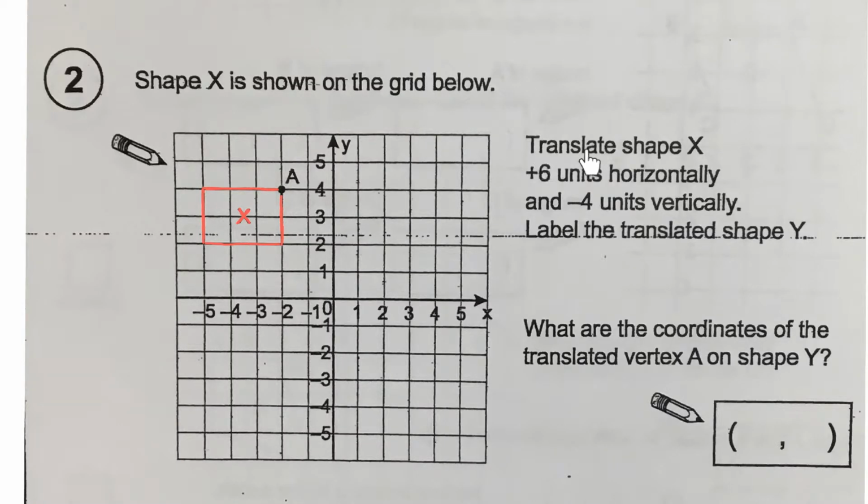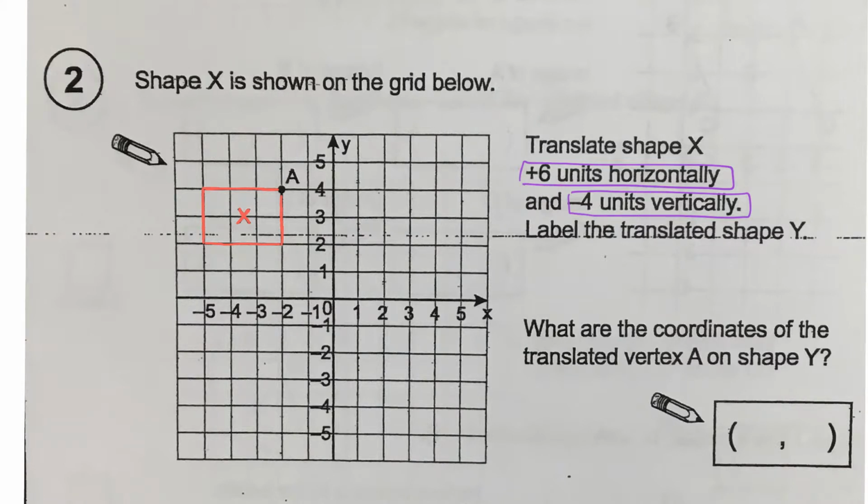Here it says to translate shape X positive 6 units horizontally, so let's underline this, and then negative 4 units vertically. Now the important thing to remember is positive 6 horizontally means to the right. If it was negative, we would have moved it to the left horizontally. So remember, positive 6 means to the right.